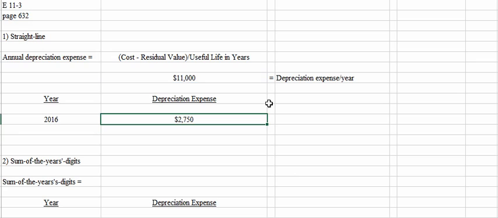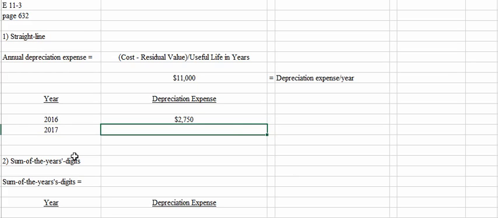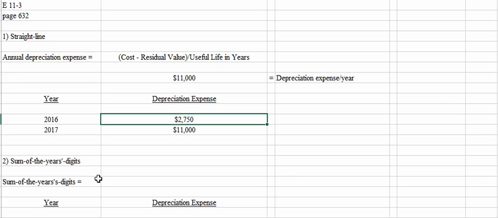And we get $2,750 depreciation expense for 2016 because the machinery was only in service for 3 months in 2016. However, in 2017, the machinery is going to be in service all year, so our depreciation expense for the year is $11,000.